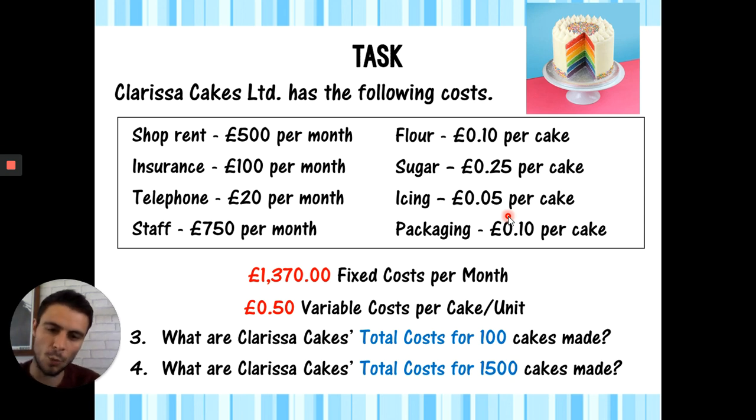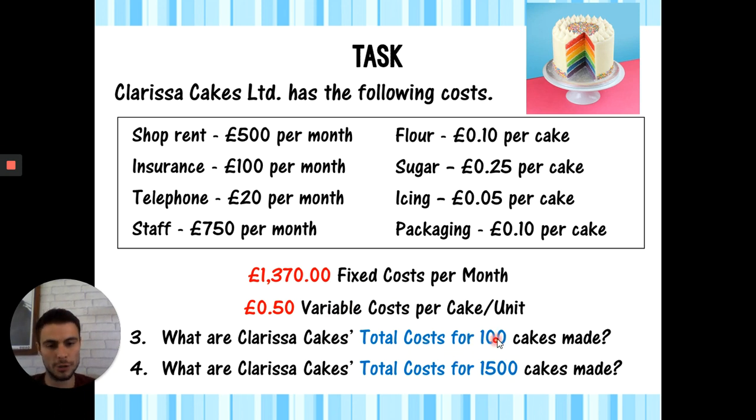So now we need to work out what the total cost of those two added together are if we sell 100 or 1,500 cakes. Because right now we've worked out if we sell 1 cake, it's those two added together. However, if we sell 100, the fixed cost will not change. So do not change that no matter how many we're selling. However, the variable cost does change.